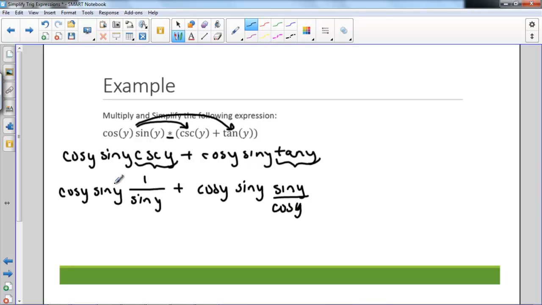Alright, so on this side my sines are going to cancel out and I'm going to be left with just cosine y. On this side over here my cosines are going to be canceled and I'm going to be left with sine squared y.